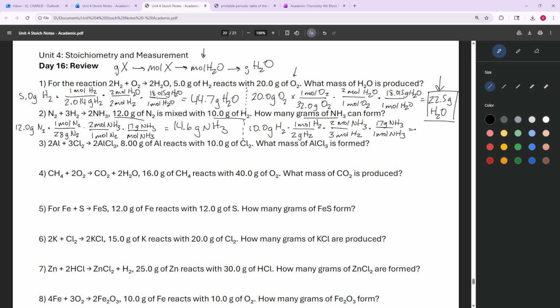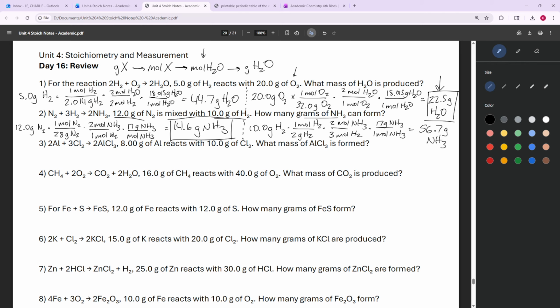So 10 divided by 2 times 2/3 times 17 will be 56.7 grams of NH3. So it looks like we have plenty of hydrogen. What limits here is nitrogen, so we're only going to make 14.6 grams of NH3.